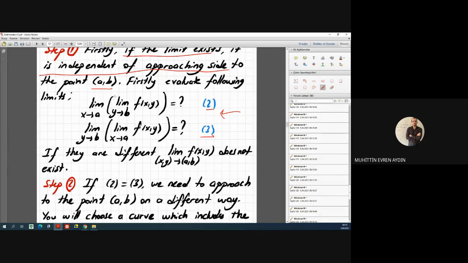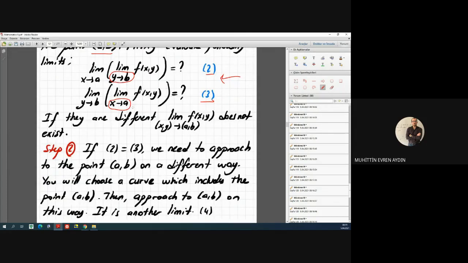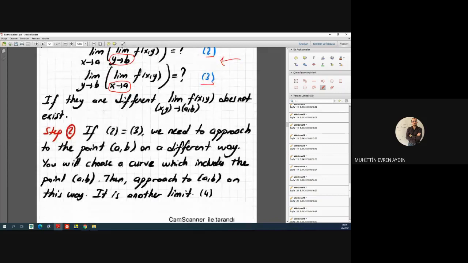As you can see, firstly we approach along the axis y, and secondly we approach along the axis x. If those are different, then we say the limit does not exist.